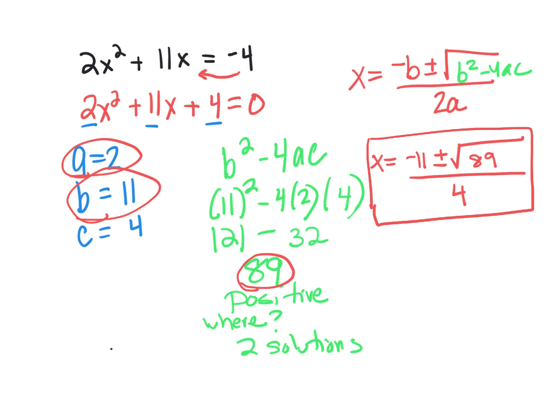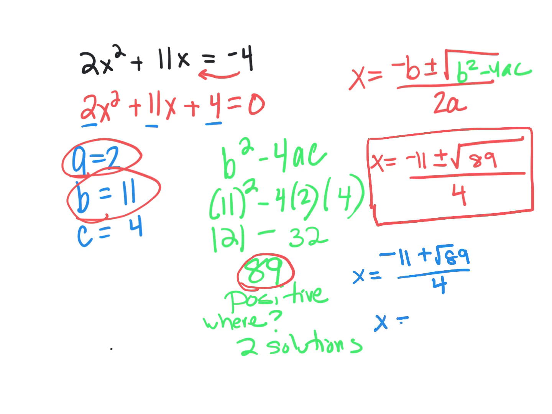But what I could do is, if I needed to find my approximate answers so that I was going to be able to graph this, I can turn this into 2 calculator problems. I would take negative 11 plus the square root of 89 and divide it by 4. That would give me where my one x-intercept is.